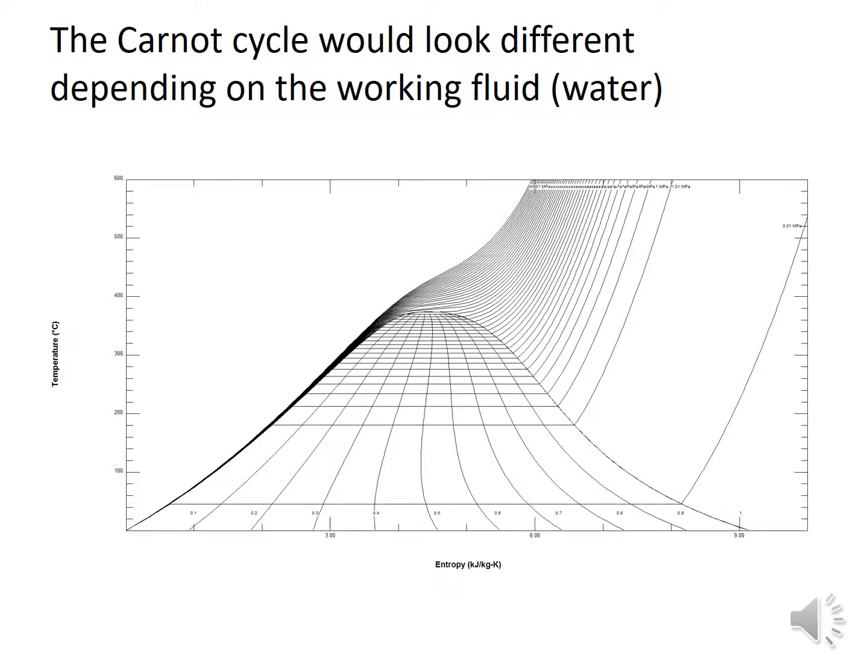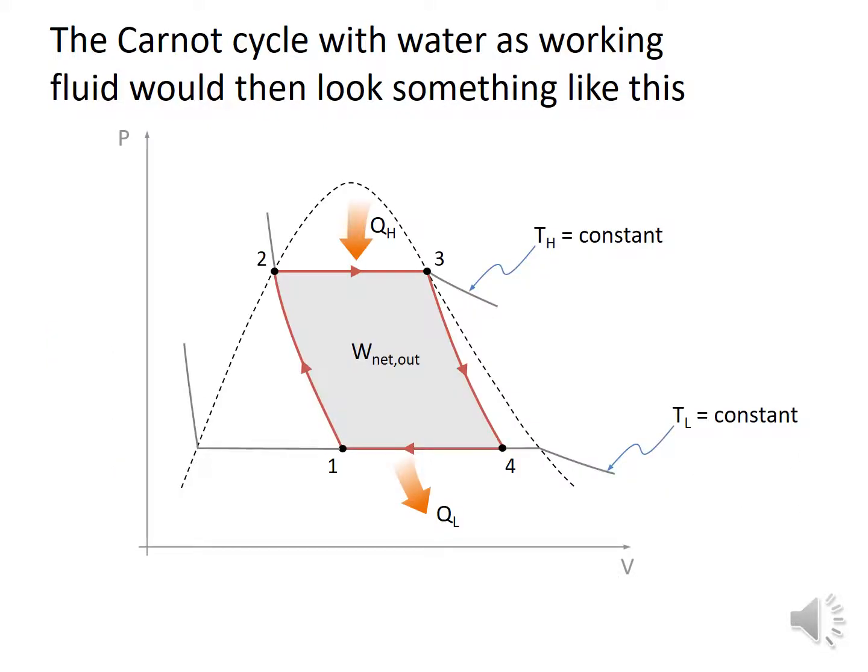So basically we are limited to be inside this region. This means that we have to find a way to put this cycle within these boundaries. So we go from point 1 to point 2, from point 2 isothermally to point 3, to point 4 and back again to point 1.